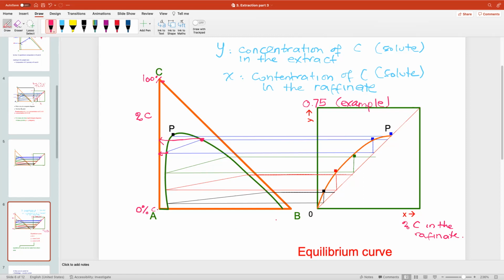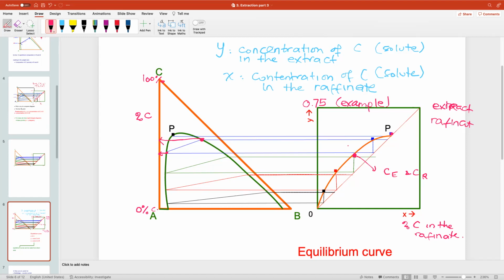Okay, because we won't use the percentage of B in this particular graph. This graph only tells you the correlation between the extract and the raffinate. These points, each typical point, only tell you the concentration of C in the extract and the concentration of C in the raffinate.